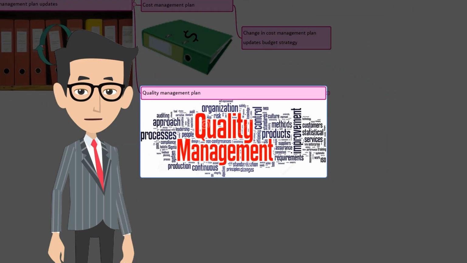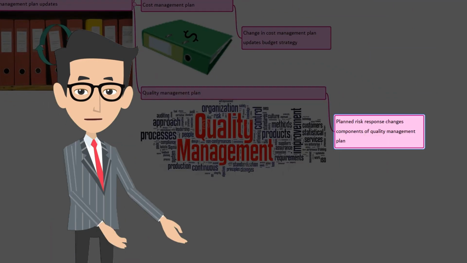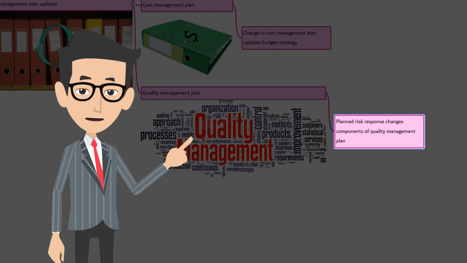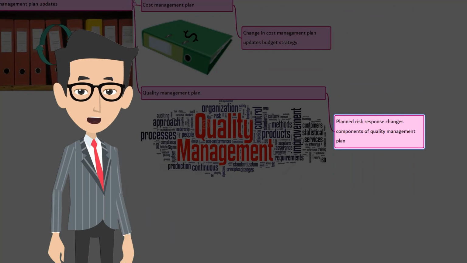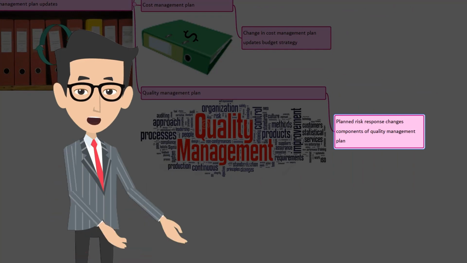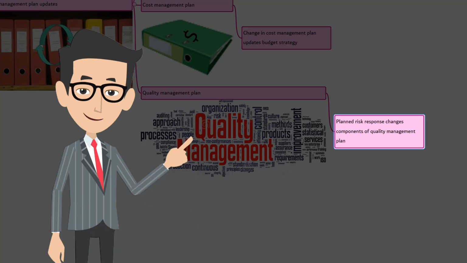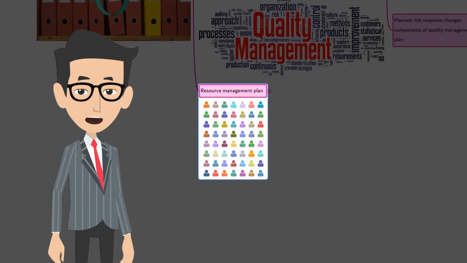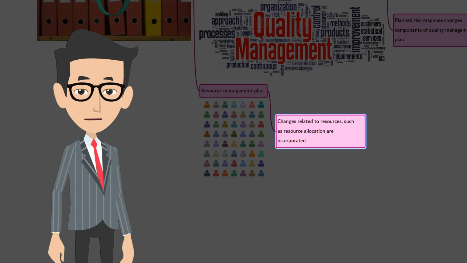Quality management plan. Depending on the planned risk response, changes to the quality management plan, such as changes in approaches and quality control process, are incorporated. The next one is resource management plan. Changes to the resource management plan, such as changes to resource allocation, as well as updates to the resource strategy, are incorporated.